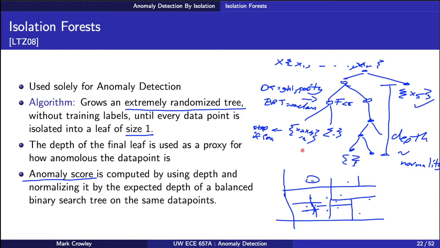Unless they're literally the same data point, and every single feature of them is exactly the same, in which case you have duplicate data, then it'd be pure. But in the most ideal sense of this algorithm, you would split them regardless. You just always split all the way down to 1. Yeah, because someone was pointing out there are no labels here, right? Because we're doing anomaly detection, so you can't really tell if a leaf is pure or not.